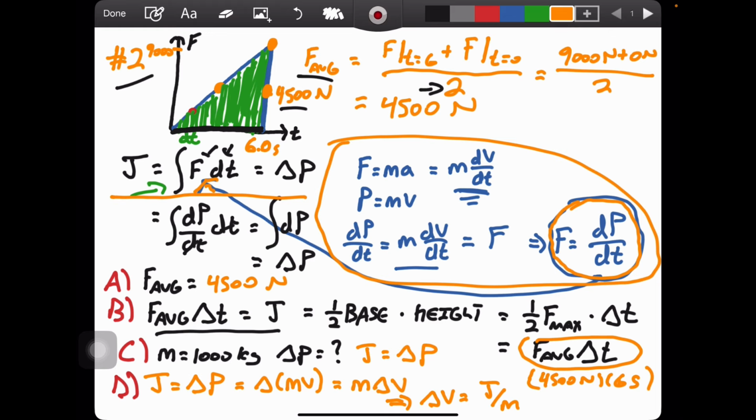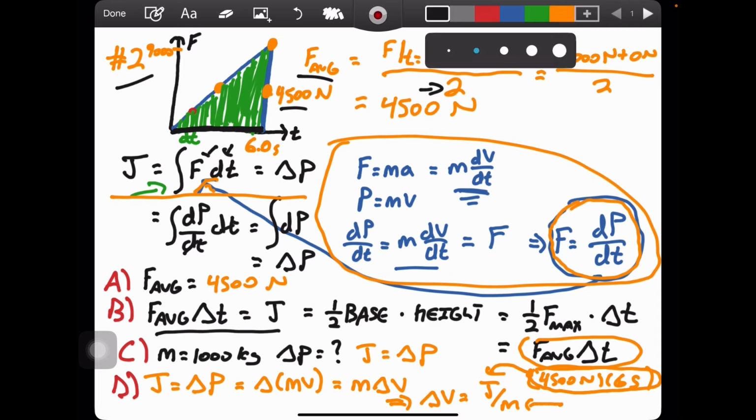We know what the impulse is. It's been the answer for parts B and C. It's just this 4,500 newtons times 6 seconds. And so that's going to go right here. And then right here, that's our mass equals 1,000 kilograms. That's the mass of the car.